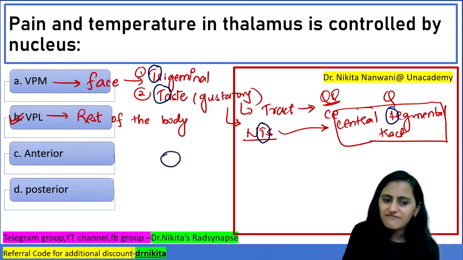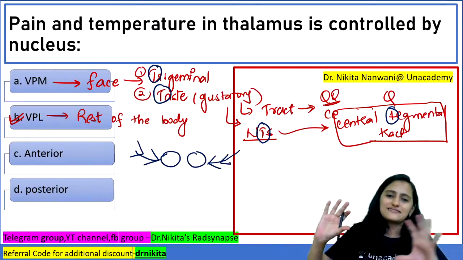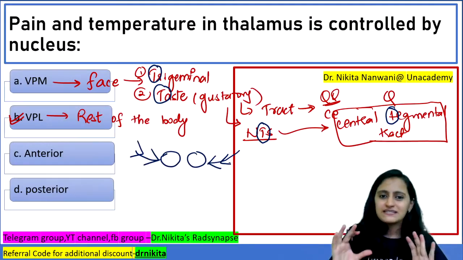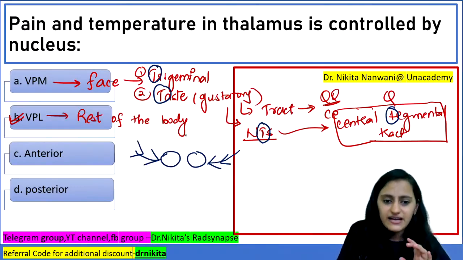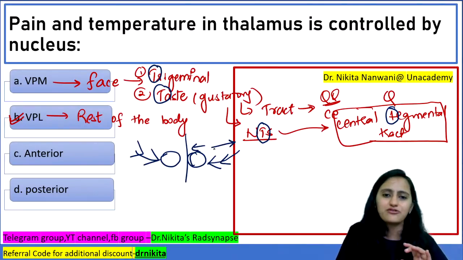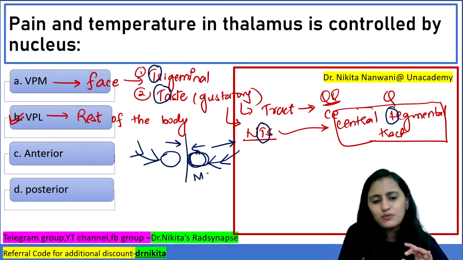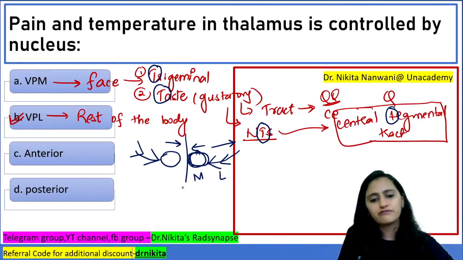To remember, have a schematic diagram in your mind. Imagine that these are the two thalami and the person is lying like this. Imagine from an action movie, someone doing a stunt like this. The person is horizontal, the head or the face is medial and the rest of the body is lateral. So the medial one is for the face and the lateral one is for the rest of the body.